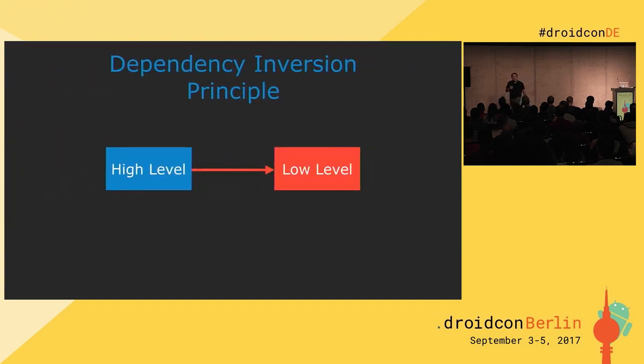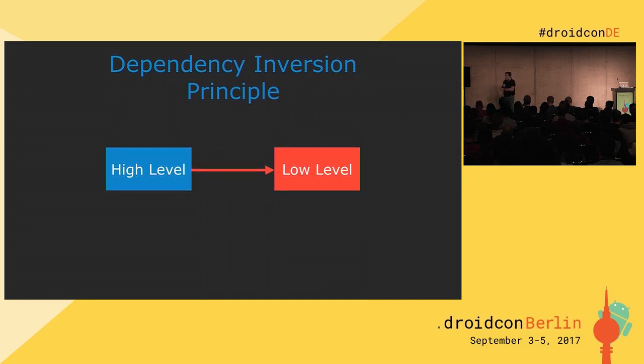Well, you use the dependency inversion principle. The dependency inversion principle says that if I want to use a class and make it independent, the high-level code should not depend on low-level code. So my business logic should not depend on the way that I have decided to implement my persistence.